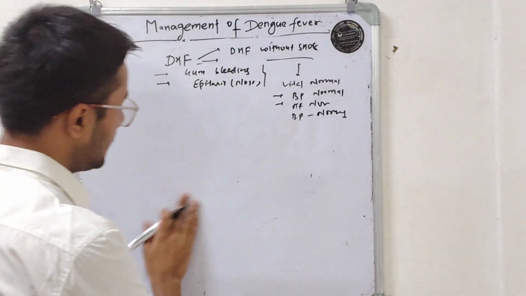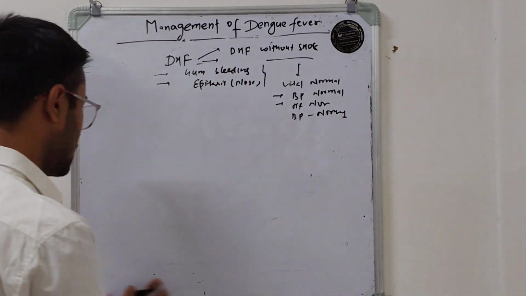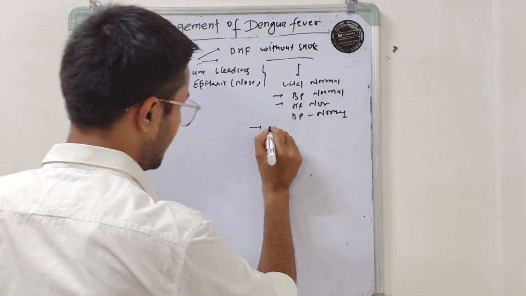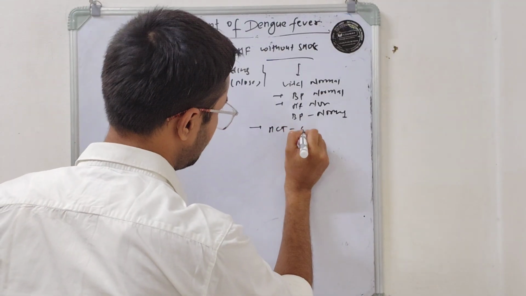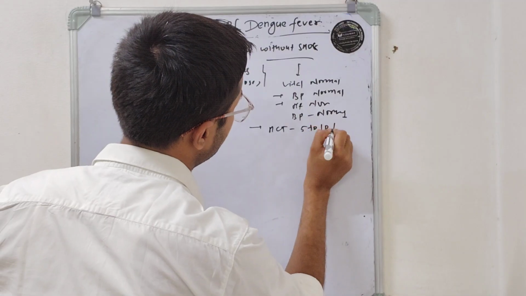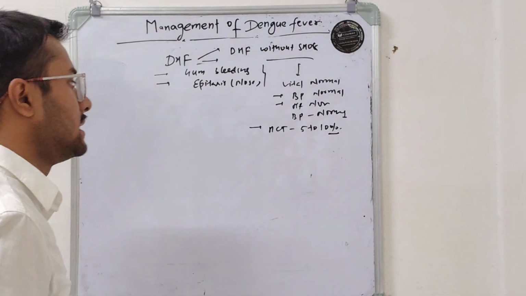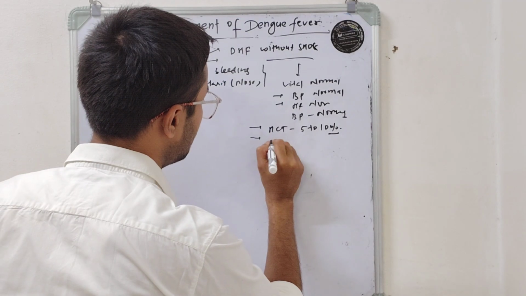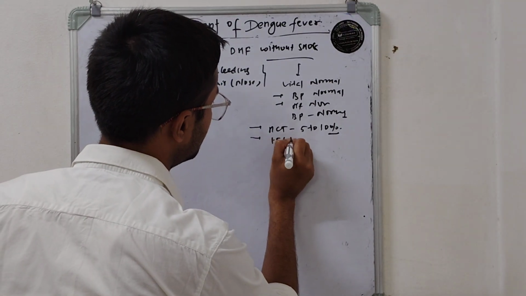So if all the vitals are normal, what are the abnormal findings? Abnormally, they have a hematocrit level rise of 5 to 10%, and they also have thrombocytopenia.